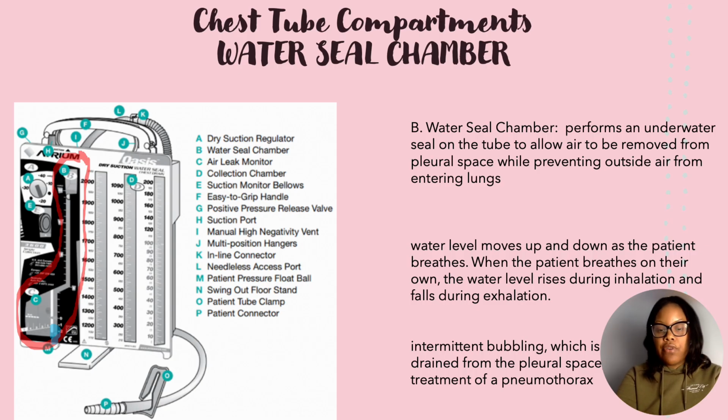Now, we may see intermittent bubbling, meaning a little bubble here, a little bubble there, if our patient has a pneumothorax, because what is a pneumothorax? A pneumothorax is air. As they're pulling that air out of the patient, you may see intermittent bubbling in your water seal chamber, which is in this big part right here. You may see intermittent bubbling there, but you shouldn't see a bunch of bubbling.